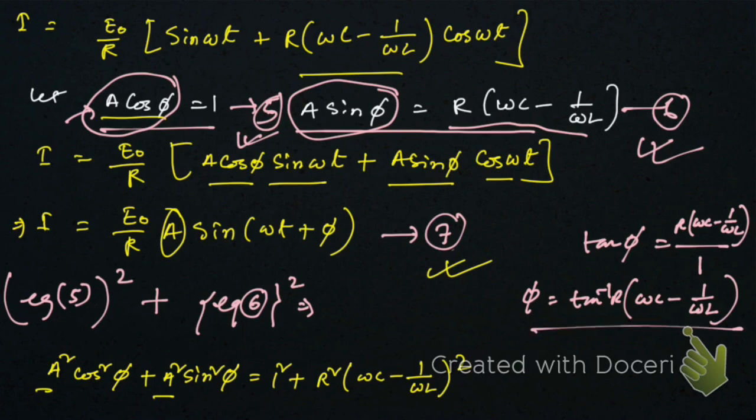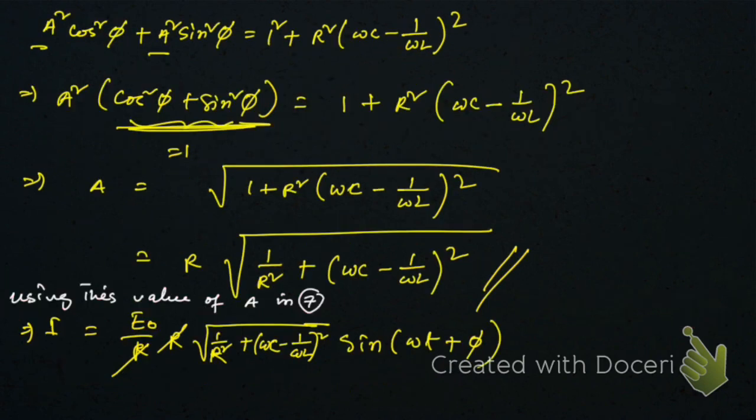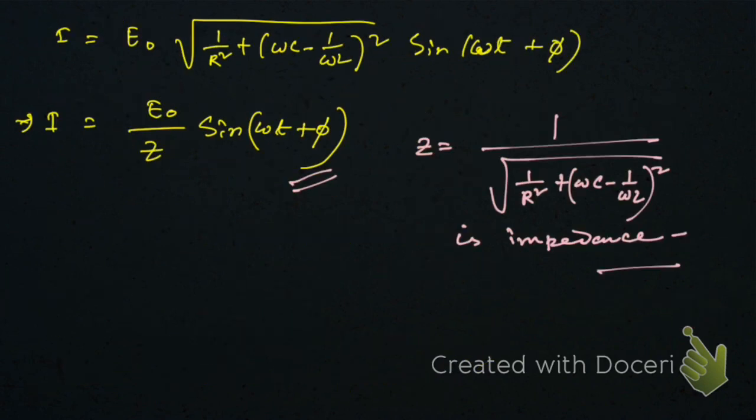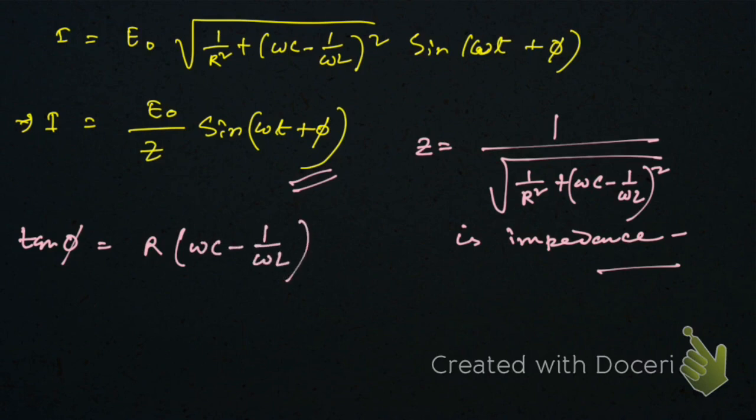This is phi, right? So let me write this expression in a new slide. Tan phi is equal to R into omega C minus 1 by omega L. That's what we have got.